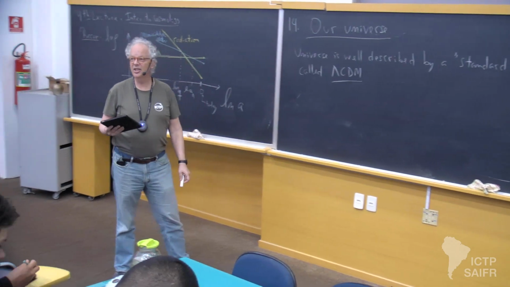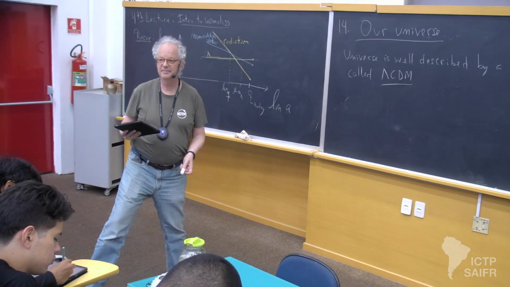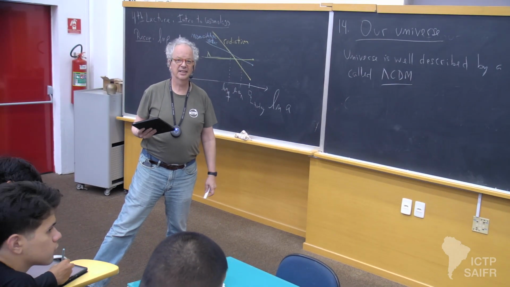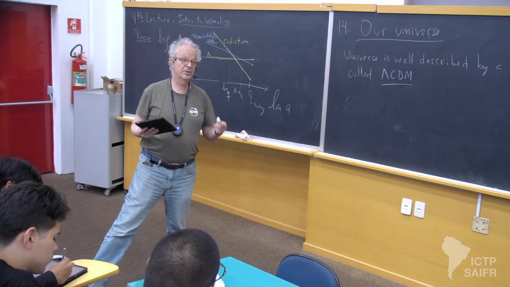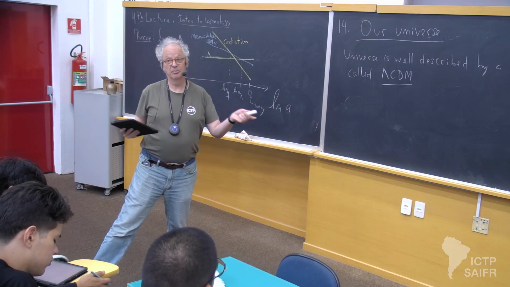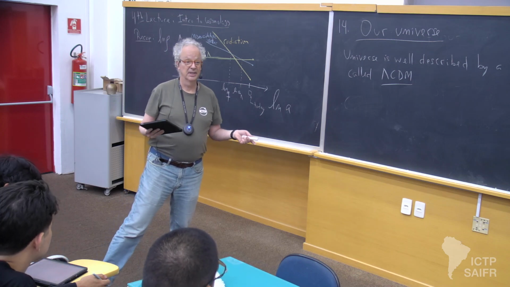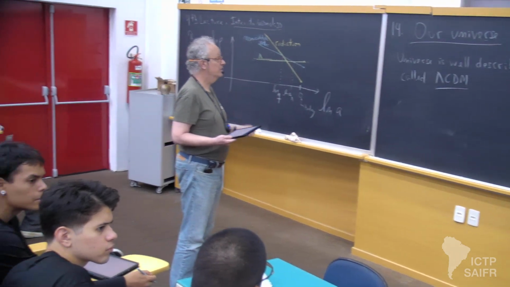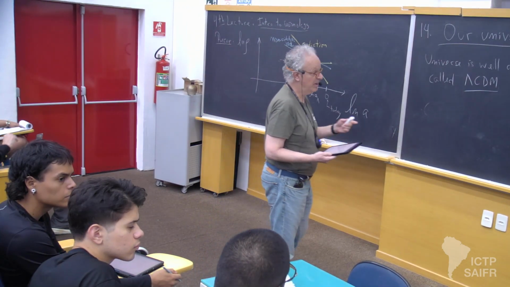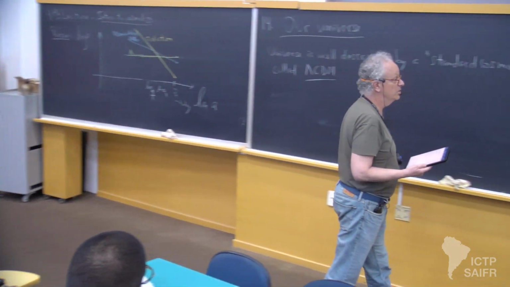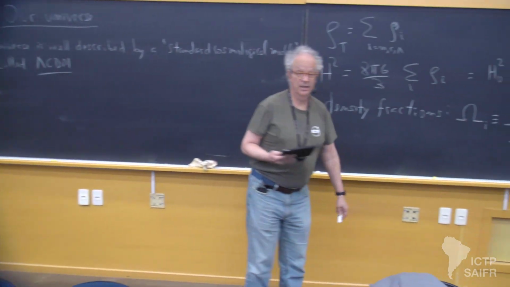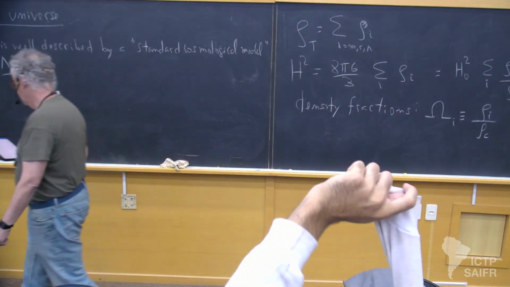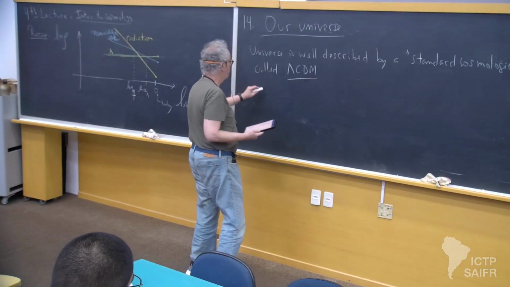Every model has a number of parameters that you have to fix. Once you fix these parameters, the model is determined. So what are the parameters we have to fix, measure, in order to characterize the Lambda CDM model? There are a few parameters.